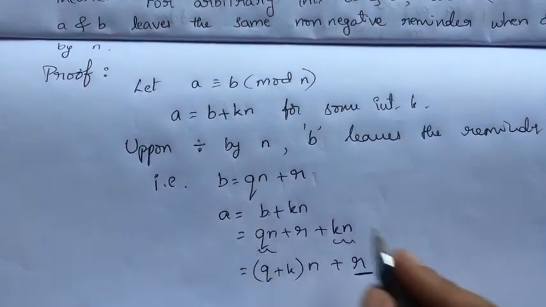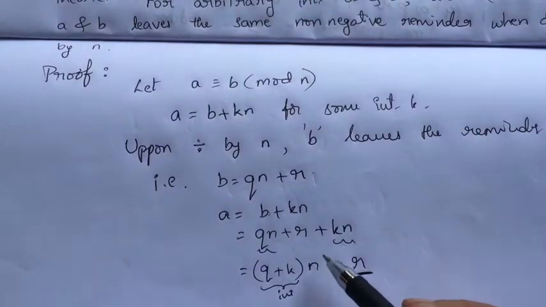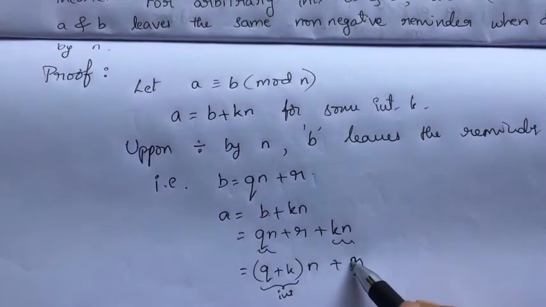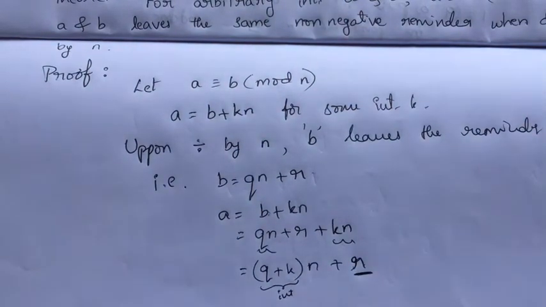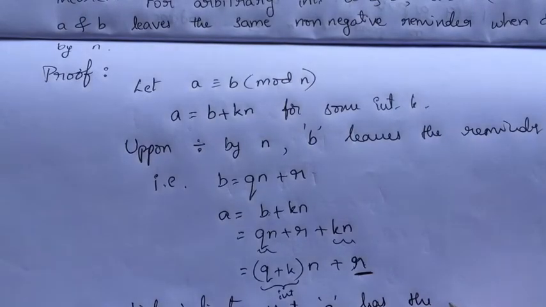Now a is also giving me the remainder r, since q + k is also an integer. So when n divides a, it is also giving me the remainder r, which indicates that a has the same remainder as b.